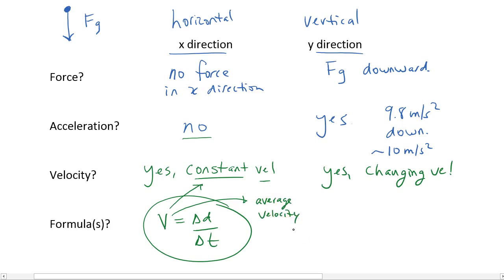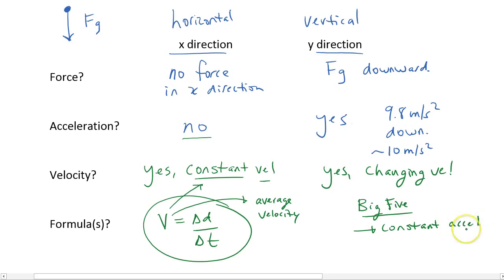But if velocity is changing, and we don't know what the average velocity is, and that's the case in the y direction, then we need our big 5, because there is a constant acceleration. And what is that constant acceleration? 9.8 meters per second squared downward.